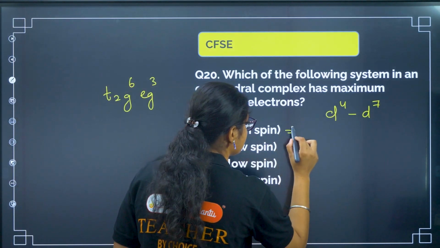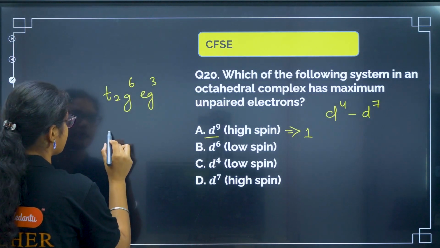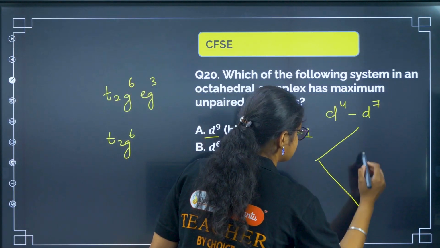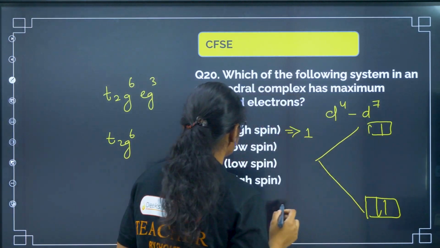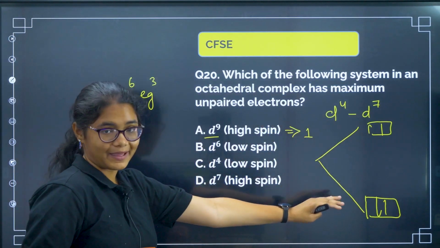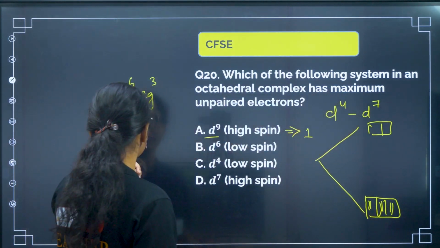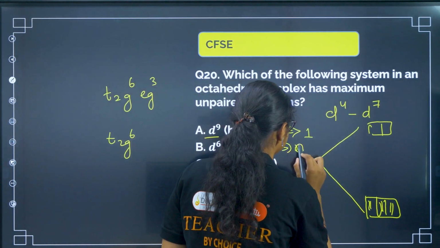Number of unpaired electrons here is 1. Now D6 low spin. Low spin means again we will get t2g6, right? You know what is low spin? Low spin means all the 6 electrons will be paired up. So I'll get 1, 2, 3, 4, 5, 6. So t2g6, number of unpaired electrons is 0.